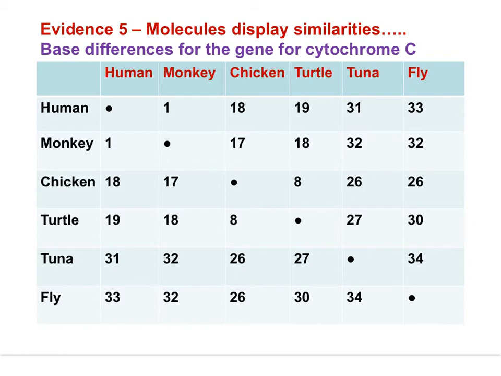The number of base differences is proportional to the time that has passed since the divergence from a common ancestor. For example, the common ancestor of the human and the monkey lived relatively recently, thus there are few base differences in the cytochrome C gene. However, the common ancestor of the human and the fly existed quite far back in time, from the point at which populations split and evolve in separate directions.